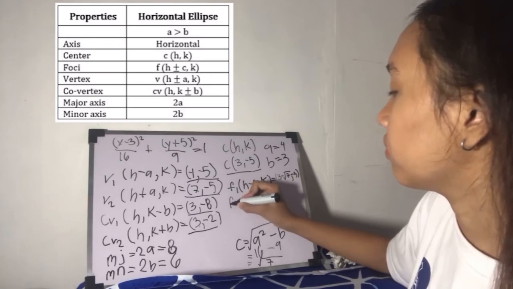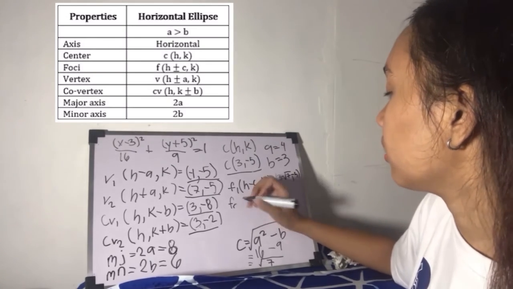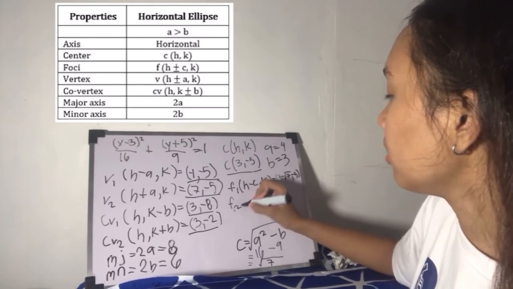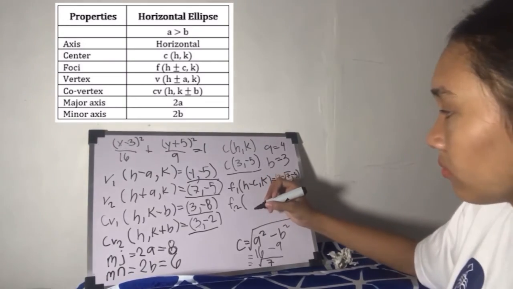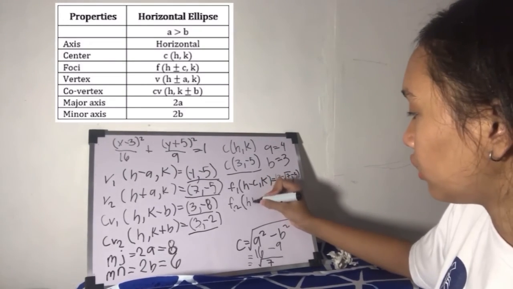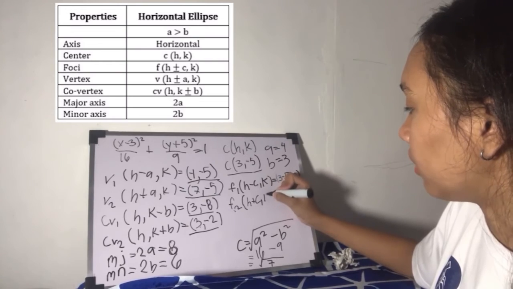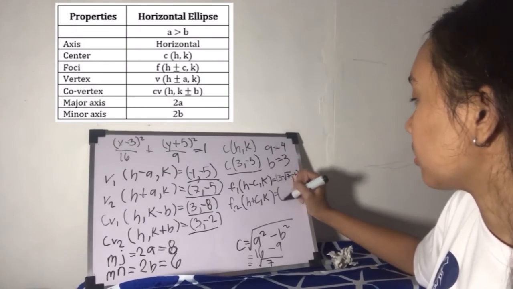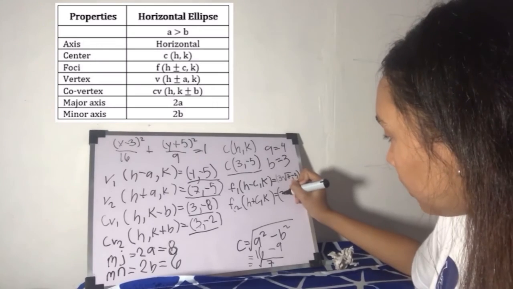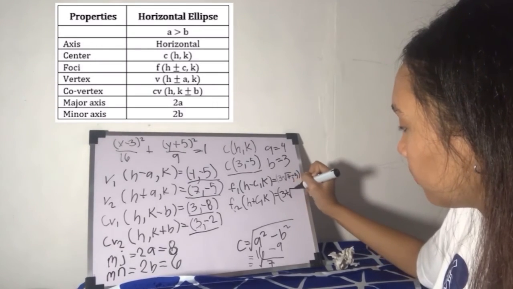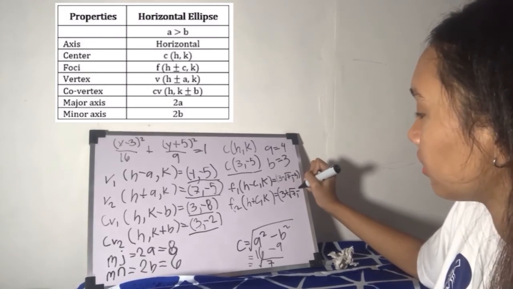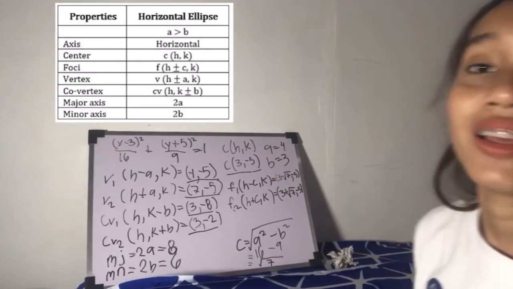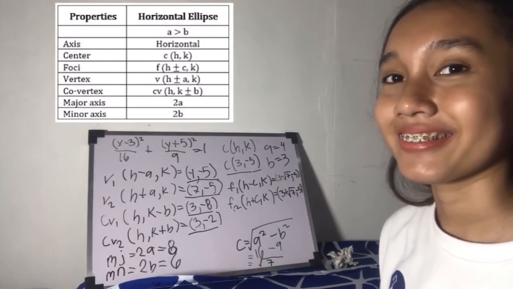And then the second focus will be h plus c and k, equals 3 plus the square root of 7 and negative 5. And that is all. Thank you.